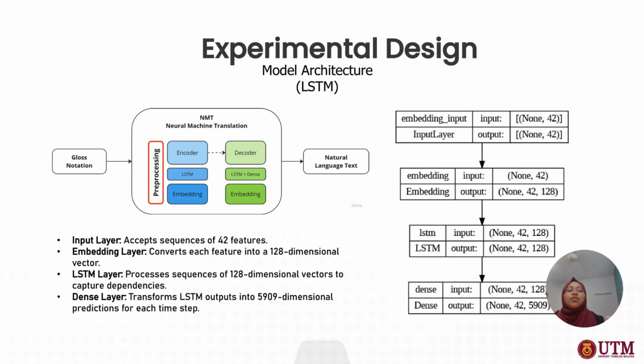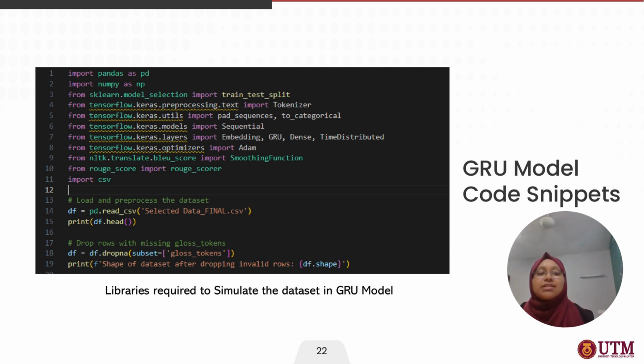Okay, let's move on to the code snippets. So this is the GRU model code snippet, and the first window is for the libraries that are required to simulate the data set. As you can see, I've imported pandas, NumPy, TensorFlow, and Keras, and each of these libraries is used for a specific function.